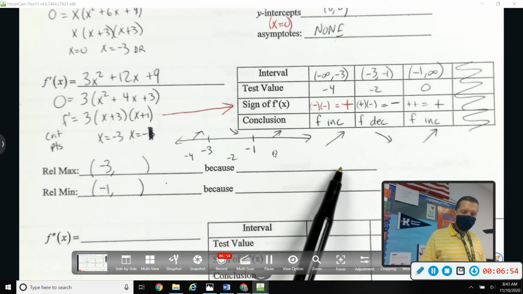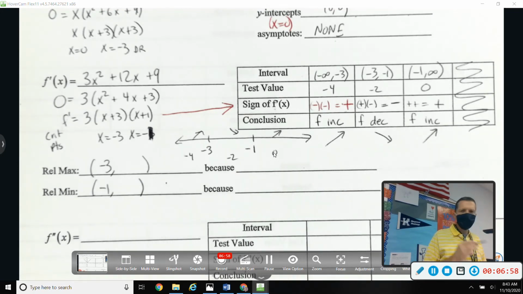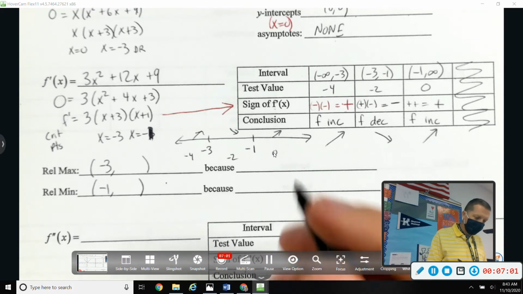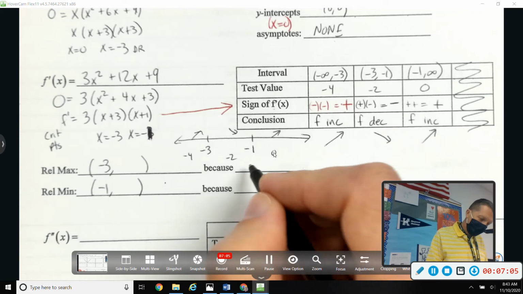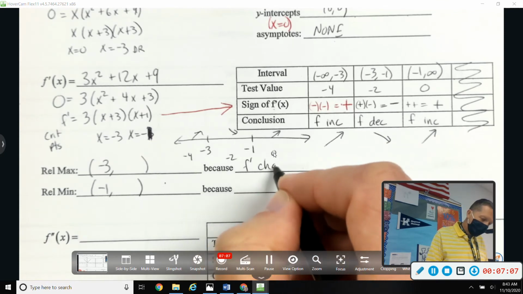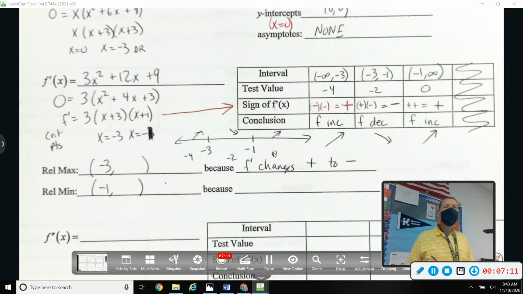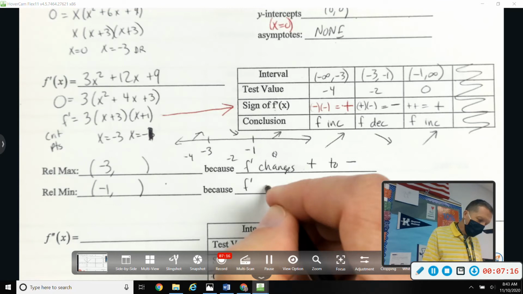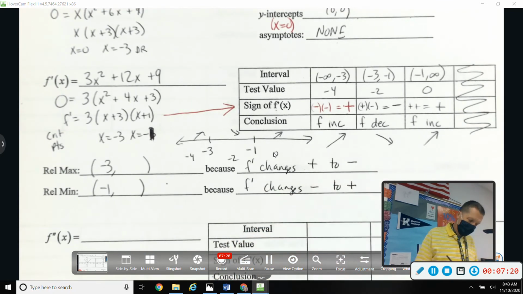Because, and we've written this several times now, it was on the test, we talked about it yesterday, a relative max because f prime changes positive to negative. And a relative min because vice versa. F prime changes negative to positive.